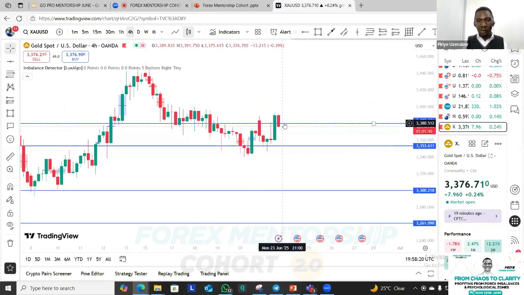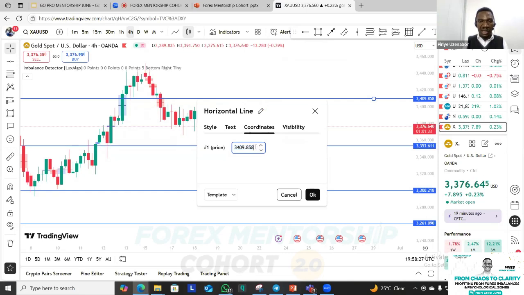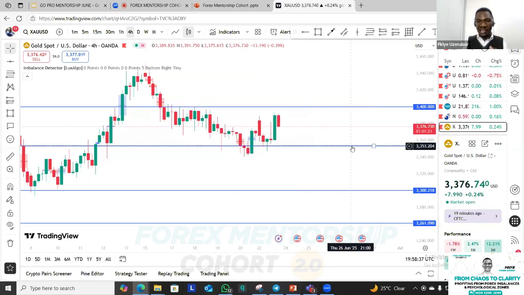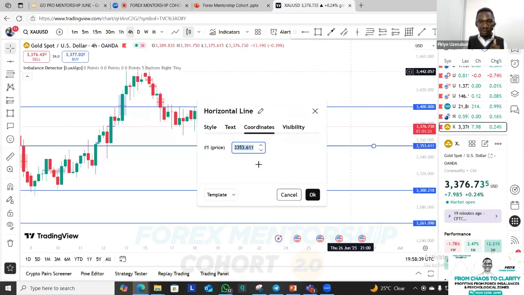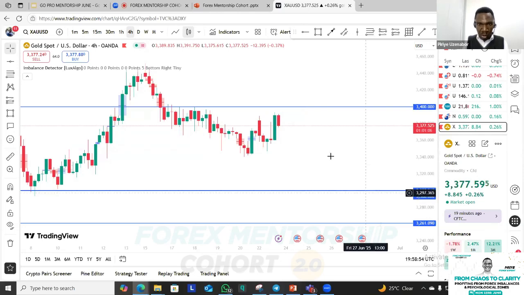So we have this level right here, 3,000. I can just make this 3,400. So I come to the settings of the line and I change the coordinates to 3,400. Done. I've plotted that psychological level. The next psychological level is 3,300. Done.